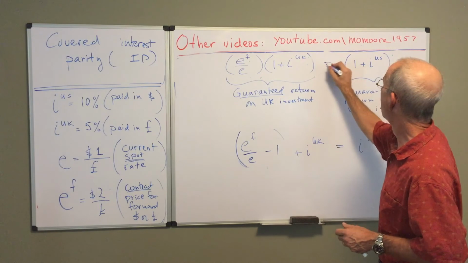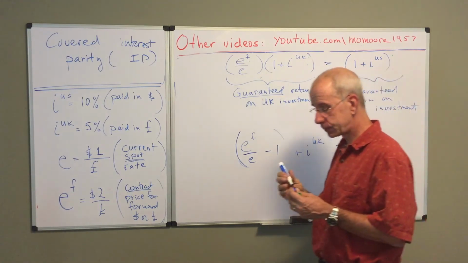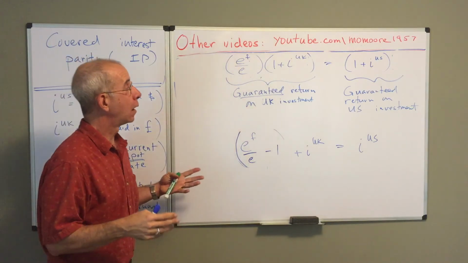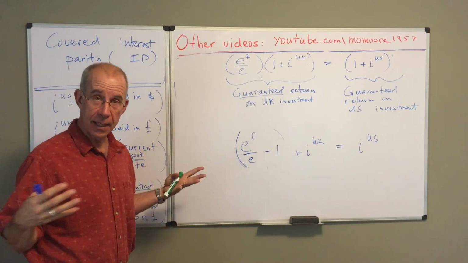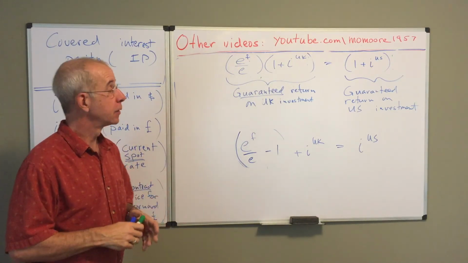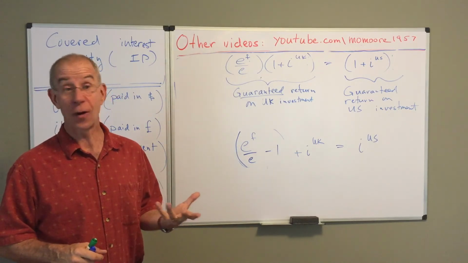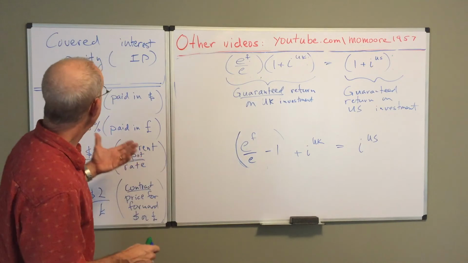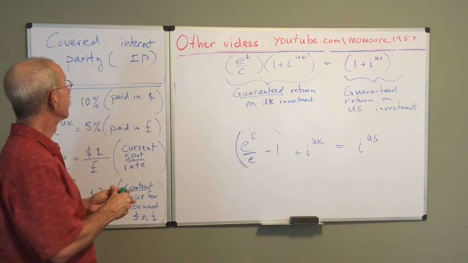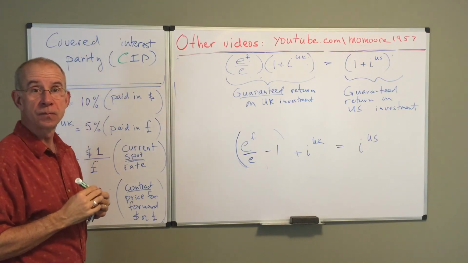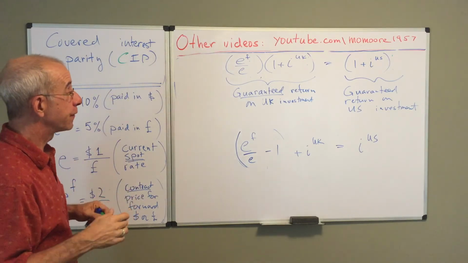This covered interest parity will result in the assets across the borders being equally attractive to investors. And that will bind together these financial markets in a profound way.